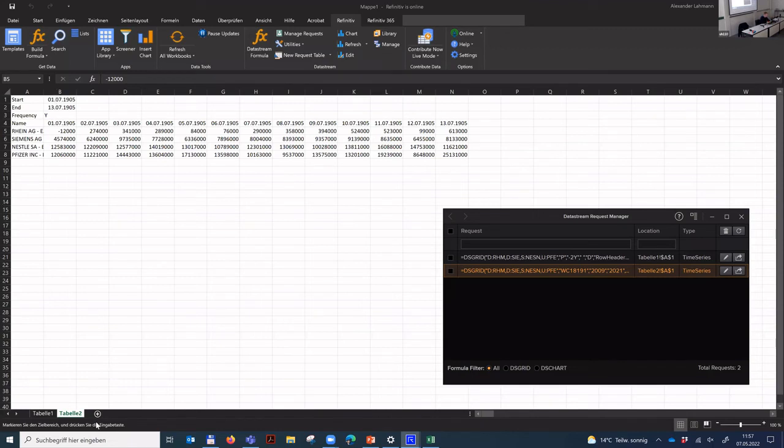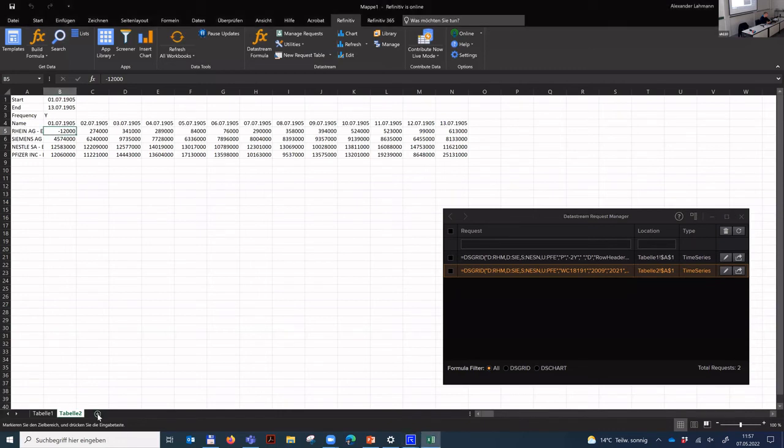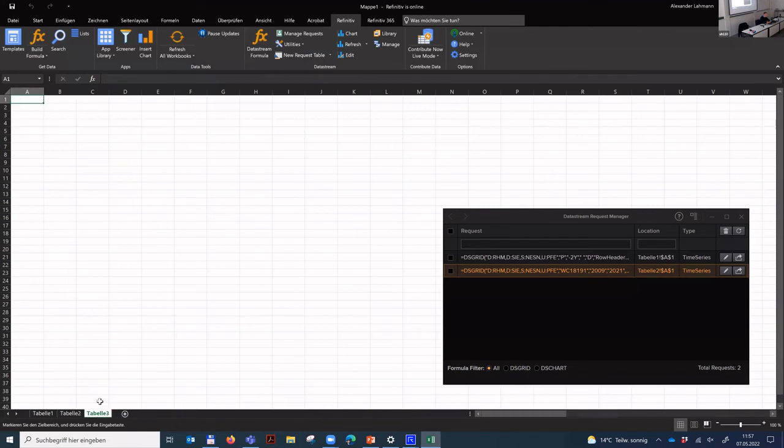Let us do this as well. ISINs are static information. So far, we have just seen me do time series. Let me open up another tab.